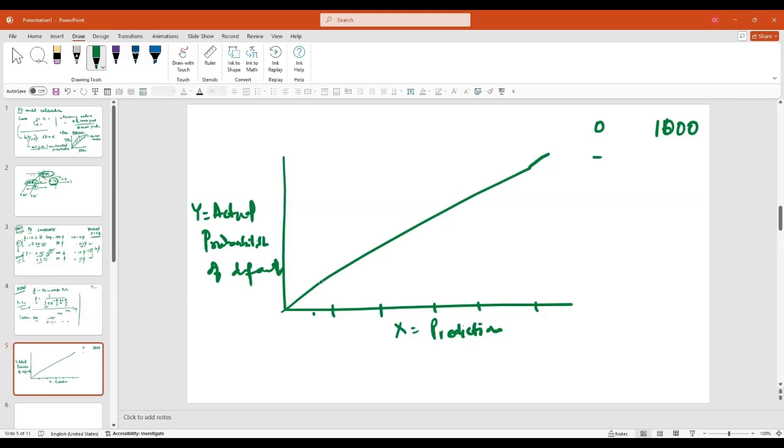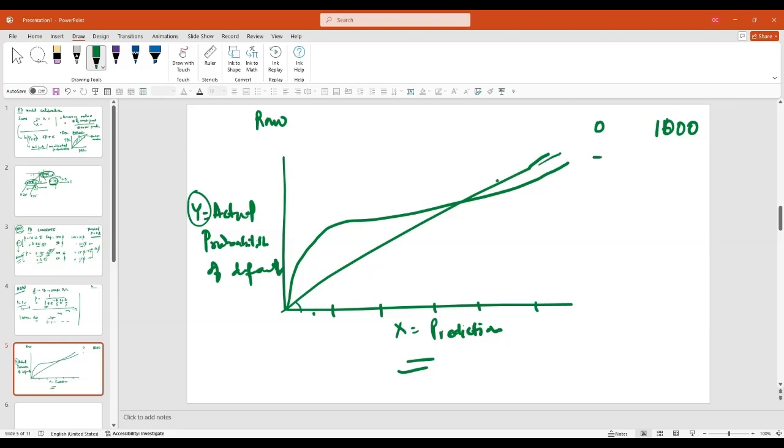In an ideal world scenario, you should expect this to be a straight 45-degree line, given you are expecting your model's prediction to match the actual default probability in that bin. However, if you just use the raw predictions from the model, you might see the classifier go something like this.